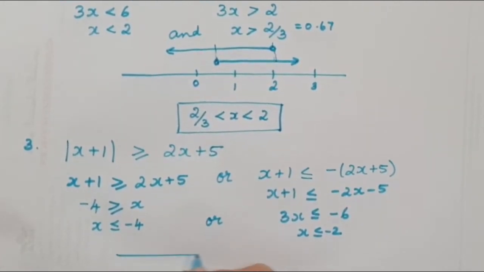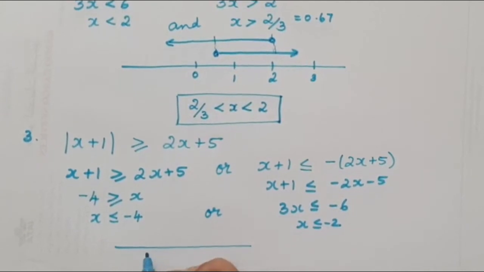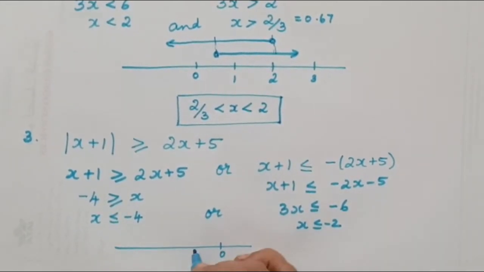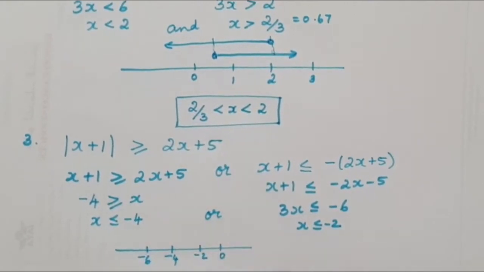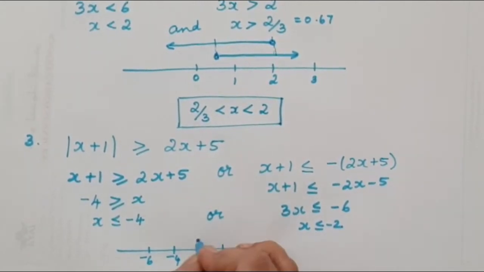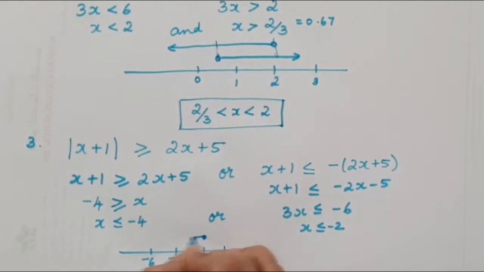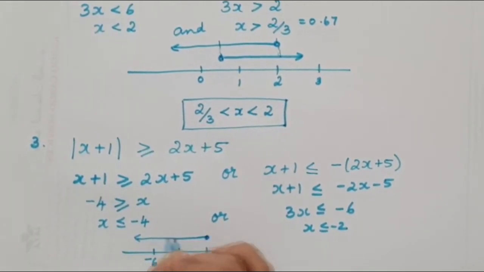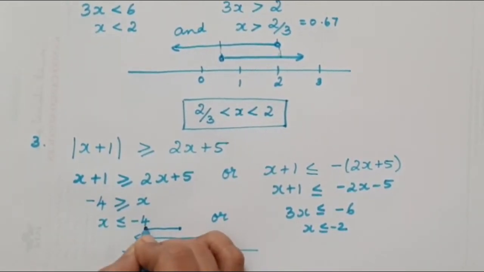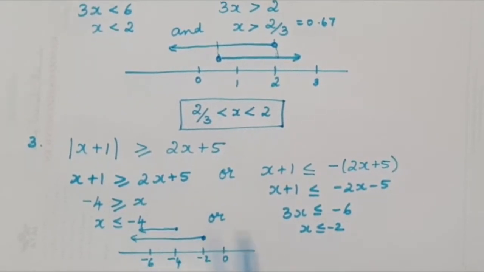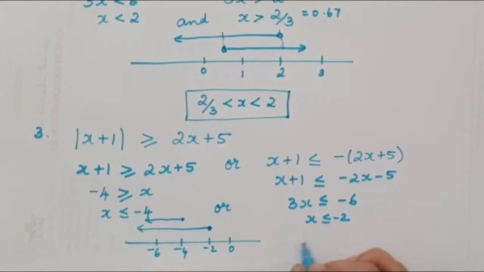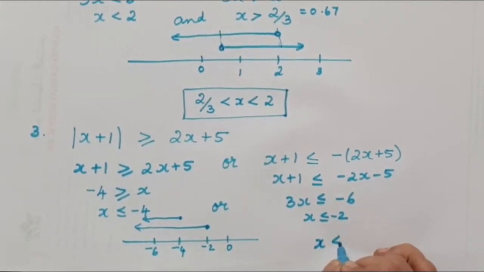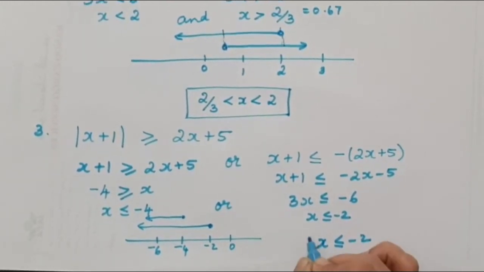Now when we draw a number line: 0, minus 2, minus 4, minus 6. So x is less than or equal to minus 2. So this is less than or equal to minus 2. This is less than or equal to minus 4. This or this has to happen. So either is possible. So our solution will be x less than or equal to minus 2.